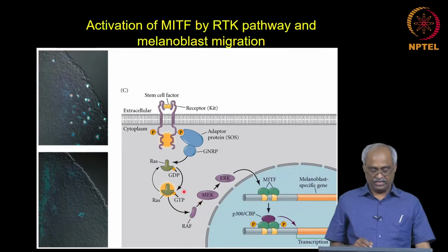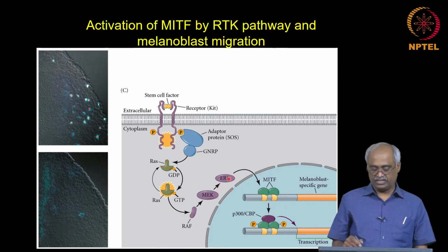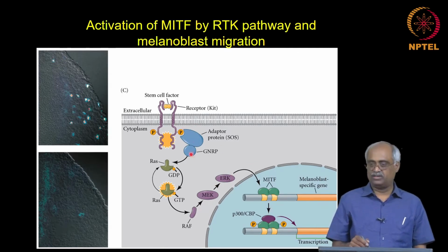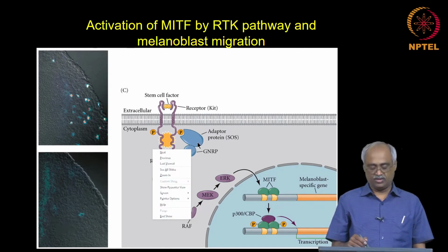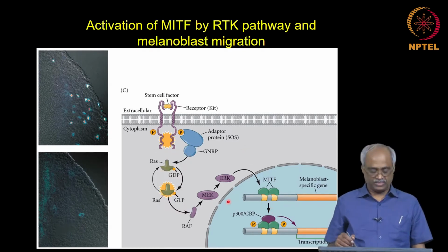Like here the signal transduction happens via a cascade of proteins involving finally a couple of phosphorylation based regulation, and then a phosphorylated protein gets into the nucleus, right. So, the adapter protein or GNRP are not the final effectors, they are not the ones that go inside.